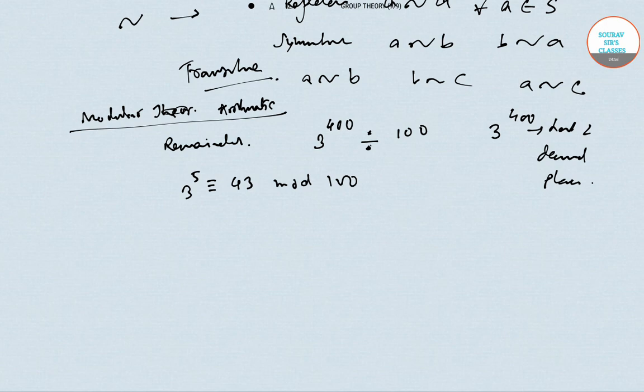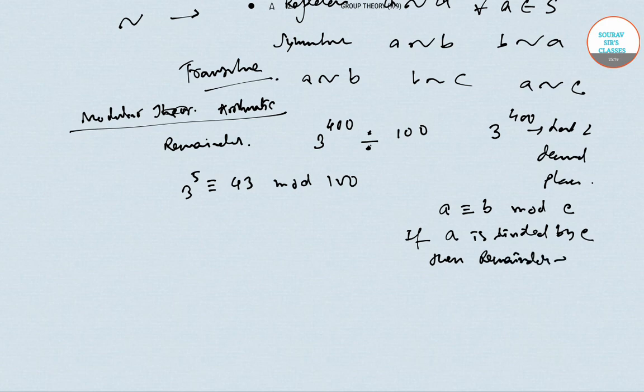Remember how to read this. 3 to the power 5 is 243. So A ≡ B mod C means that if A is divided by C, the remainder equals B. If this value equals 0, then A is exactly divisible by C. Let's see what happens. 3 to the power 5, that is 243, is divided by 100, leaving 43 as a remainder.